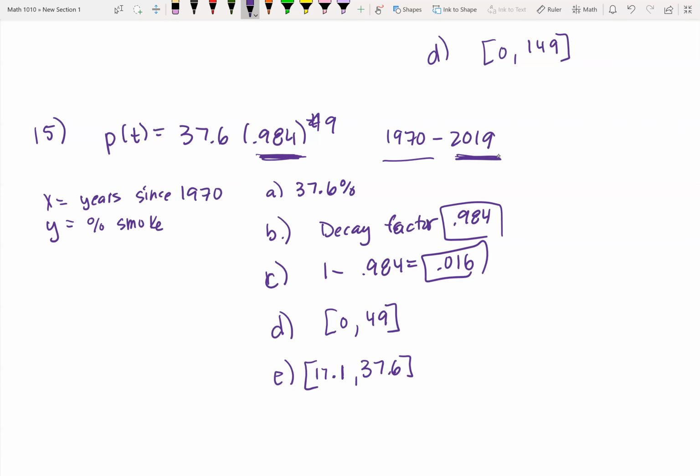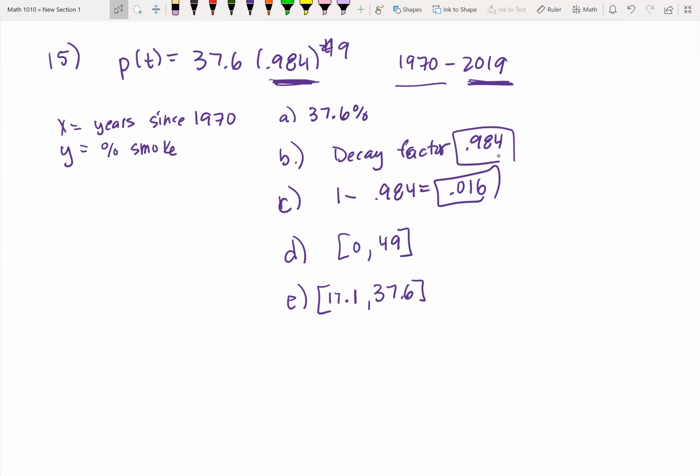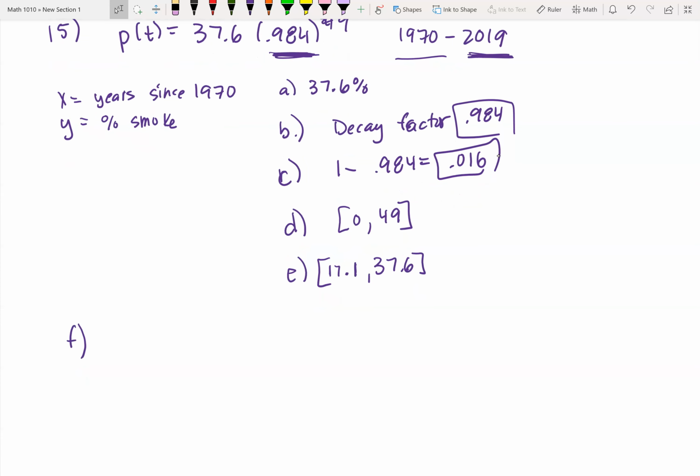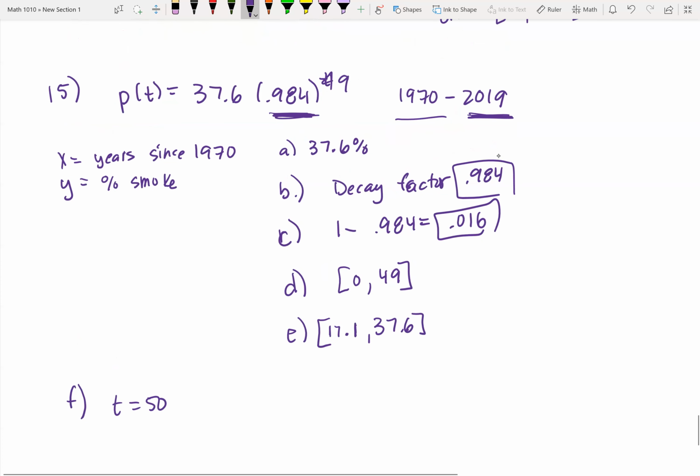Okay, if this continues, what would the population be in 2020? Well, I don't really like that because the formula is only valid through 2019. Let's just use the formula, but the formula technically is not valid. So now your time is going to be 50. So you're just going to come into that equation right there.